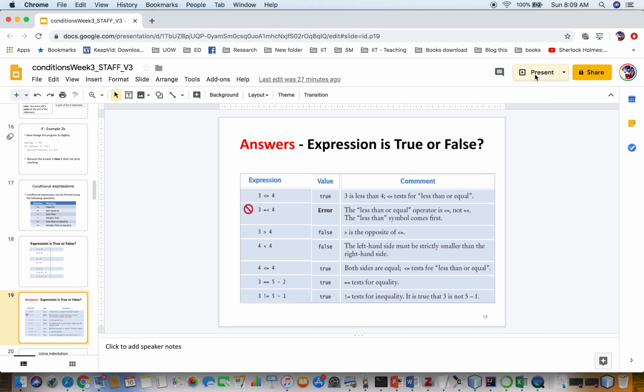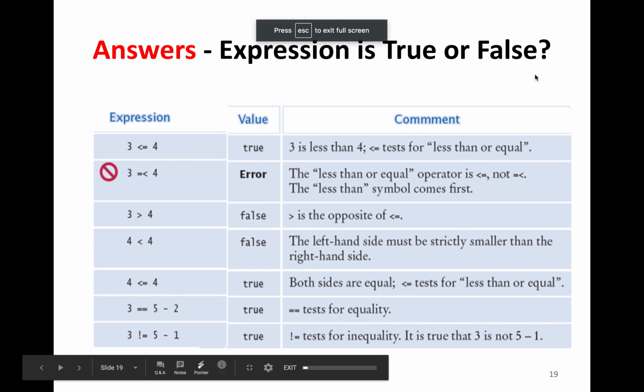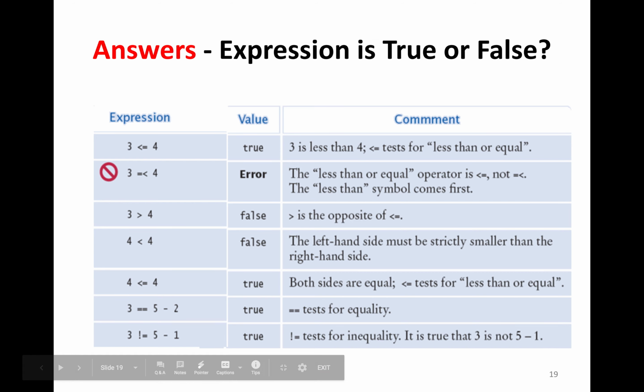So it's very important. The equal and greater than sign is in the wrong order, so it's an error.